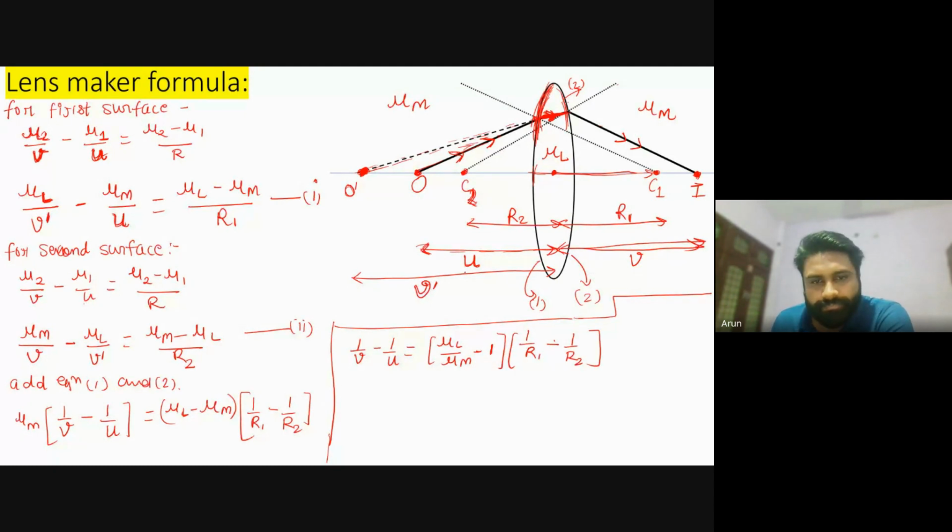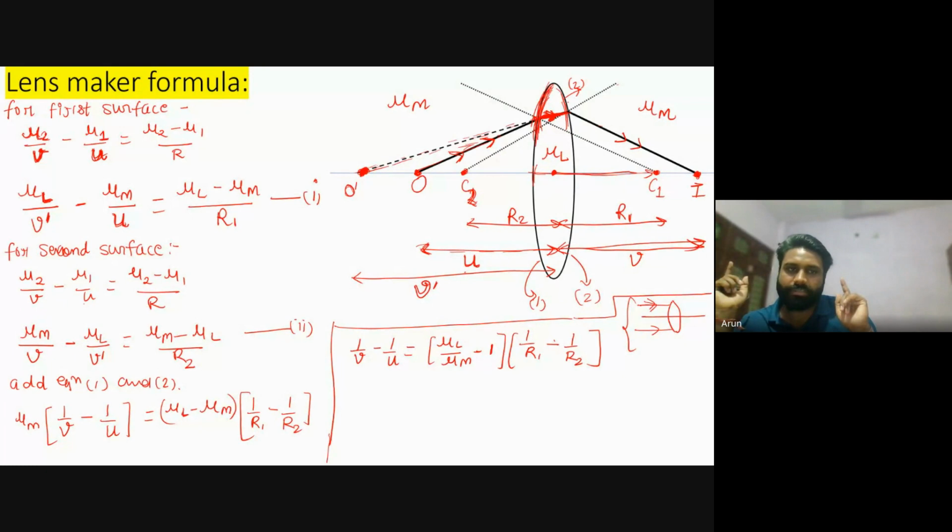If u is equal to infinity, we are trying to find out the focus now. So focus is that point where the rays coming parallel to the principal axis meet. I have told you in the very first lecture of this chapter that rays coming from infinity will appear to move in a straight line parallel to the principal axis.